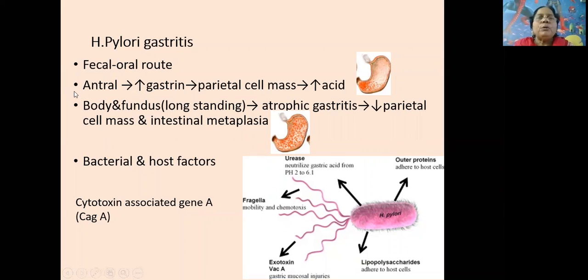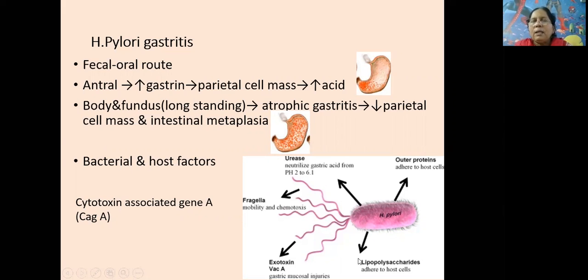So how does H. pylori survive in the stomach? It has adhesin that will adhere to the mucosa. It has flagella that help in motility and chemotaxis.